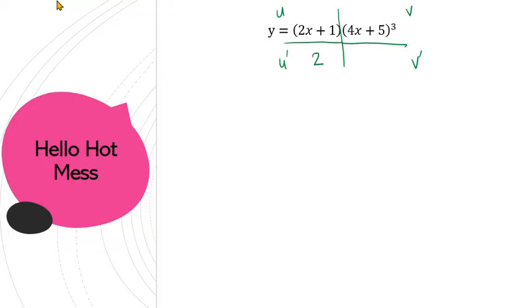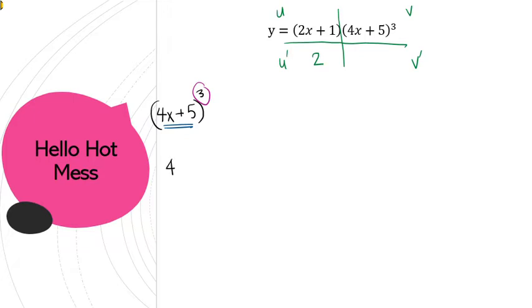V prime is a little more complicated because it's a function within a function. So to find v prime, I need to use the chain rule. So I'm going to build that over here. So I'm just going to pretend that I have this as a single function, that there's no multiplication. I'm just dealing with this part. And I'm going to do everything I did before. Inner, outer. And maybe a little faster, the derivative of the inner part is 4.